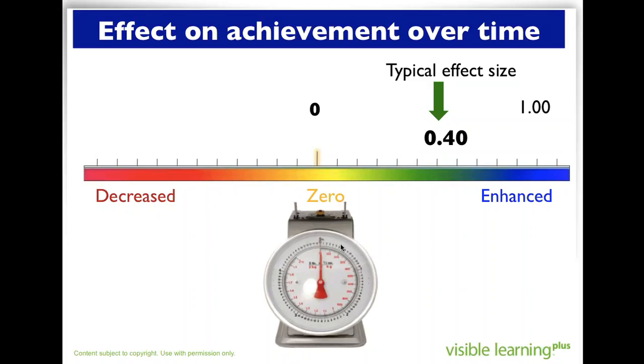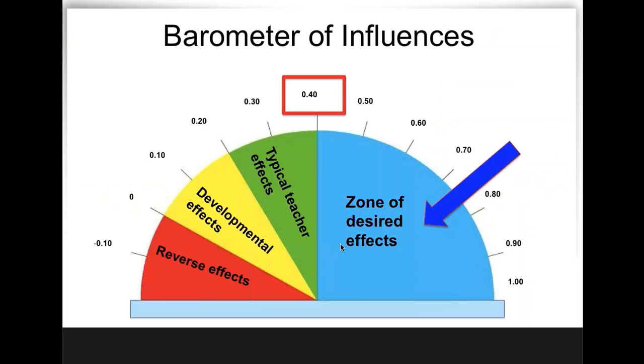Anything less than 0.4 is less than average. And so what Hattie did is he was able to find what he calls in his barometer of influences, things that actually had reverse effects. They've made learning go backwards. Things that when they were put in place, they had what you might call developmental effects. We would expect that growth in the course of a year. Basically, if the child is breathing, all you need is a beating heart.